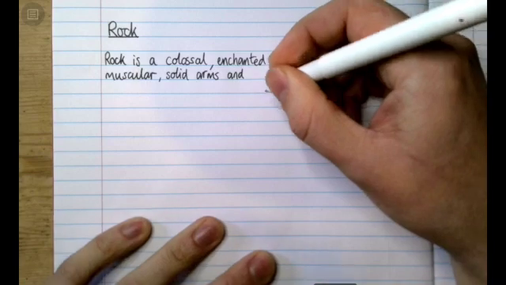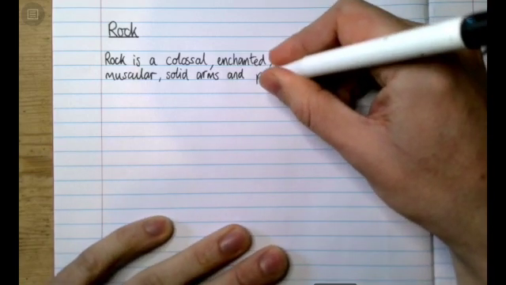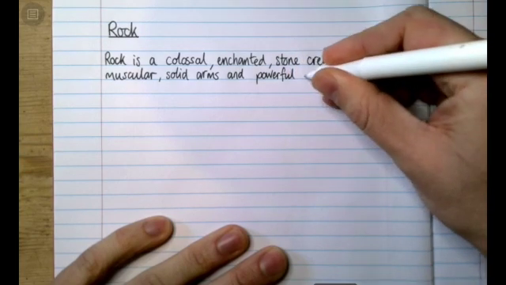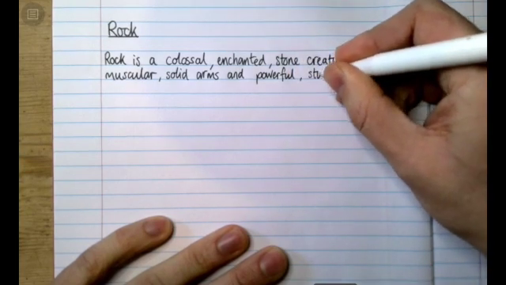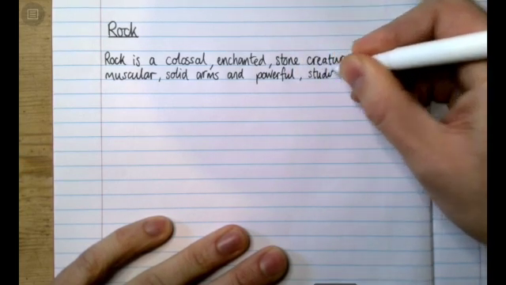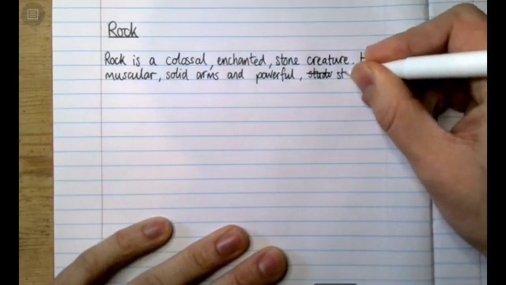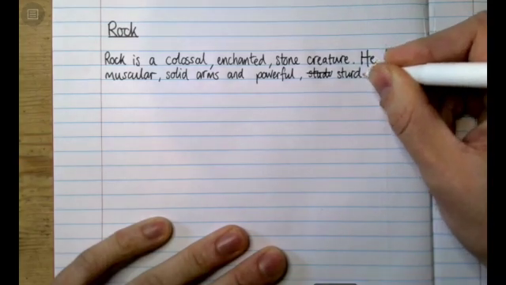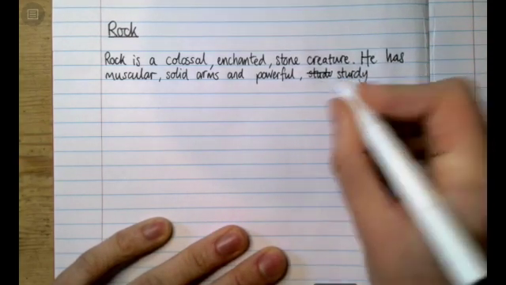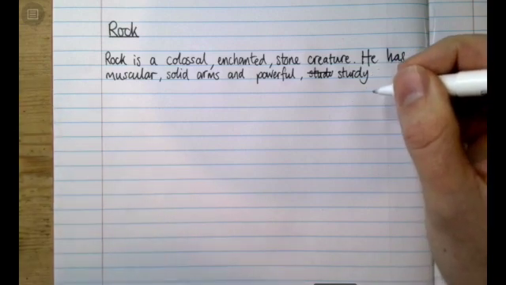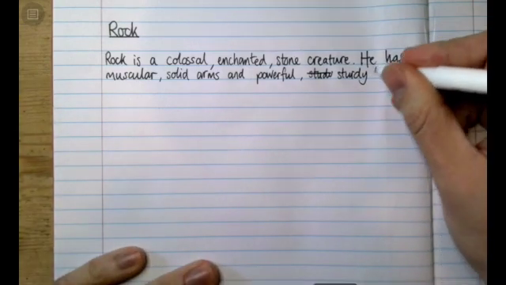So let's think of how we can describe the legs. And powerful, comma. Oh, misspelled that. I'm going to go for powerful, sturdy. Forgot the R. Now remember, if you do make a mistake, just put a line through. Sturdy, powerful, sturdy. What was it? Legs, yeah, legs.